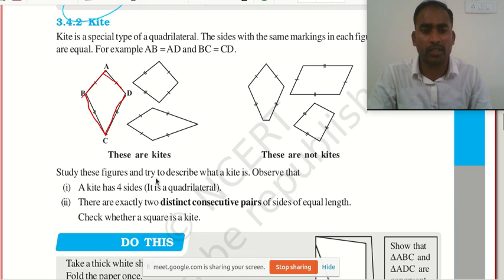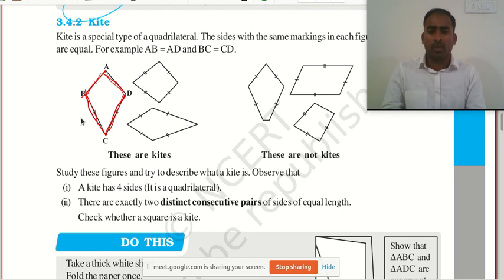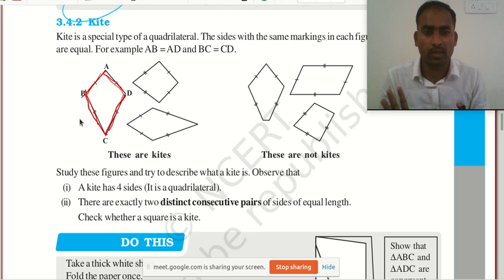Clear? It has four sides, so that is why we call it a quadrilateral. And here, non-consecutive means this line segment and this line segment are equal. This side, these are equal. Okay. So this is about the kite. See in this example, can you find, is this a kite?